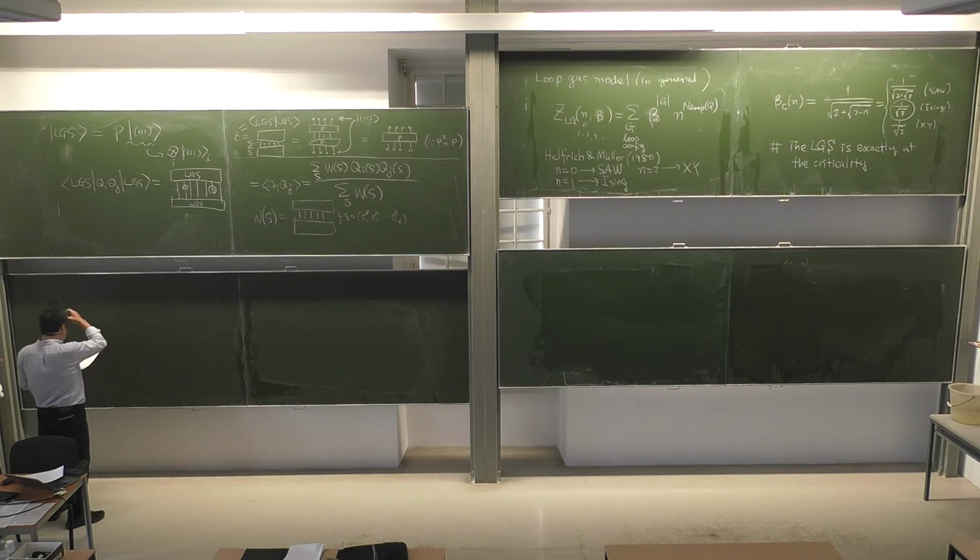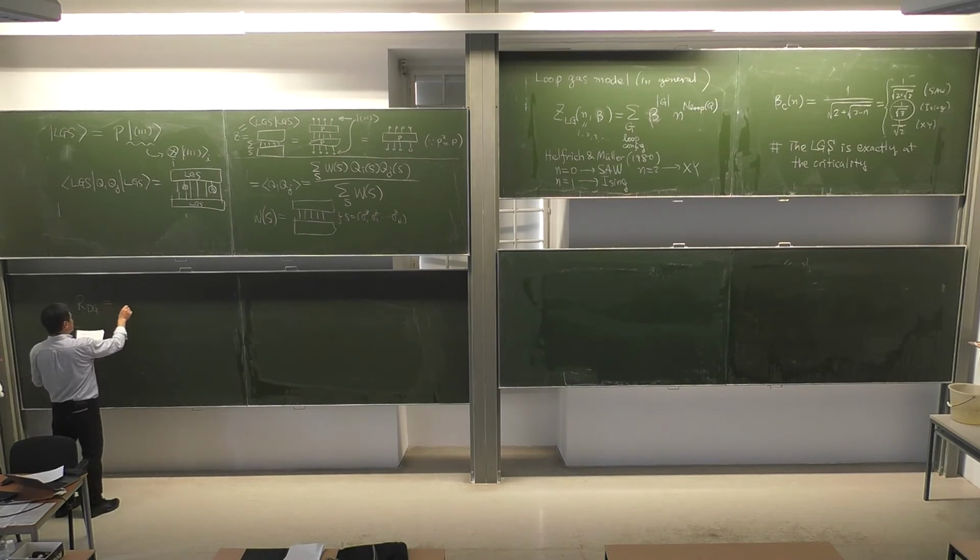To find something like that, we considered yet another operator, which we call the dimer gas operator. The dimer gas operator is similar to the loop gas operator, but the object now is not the loop, but the dimers.